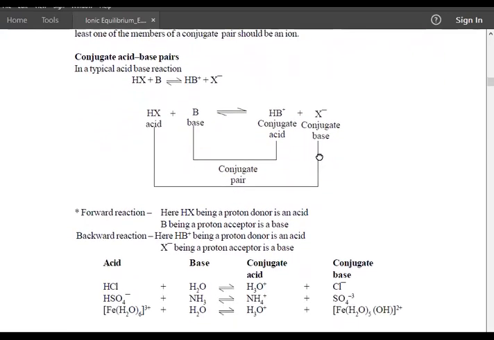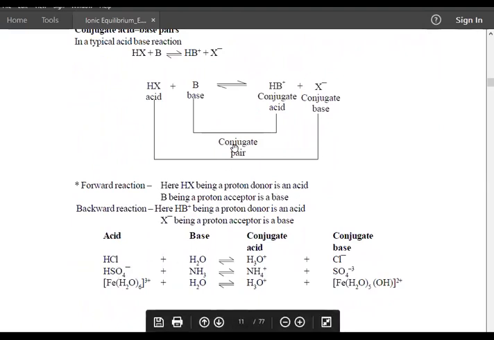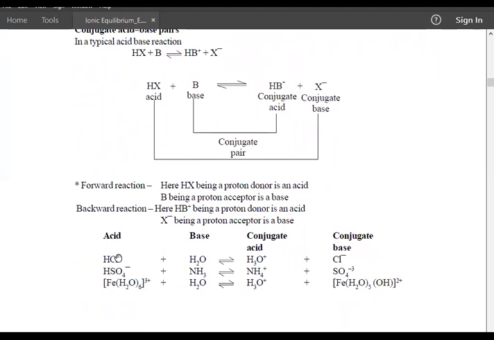So these are some examples. Everyone just go through some examples. See, HCl plus H2O. I'm just giving some examples. HCl is an acid. H2O is acting as a base here. H2O is a neutral substance which can act as both acid and base. So HCl after releasing H plus will give Cl minus, which is a conjugate base. And H2O after accepting H plus will become H3O plus, which is a conjugate acid.